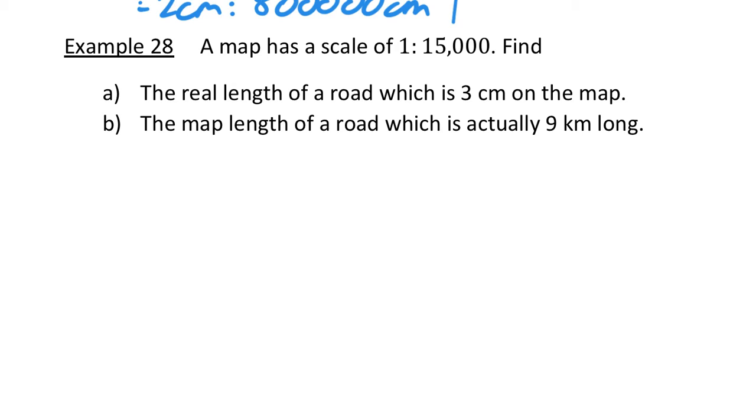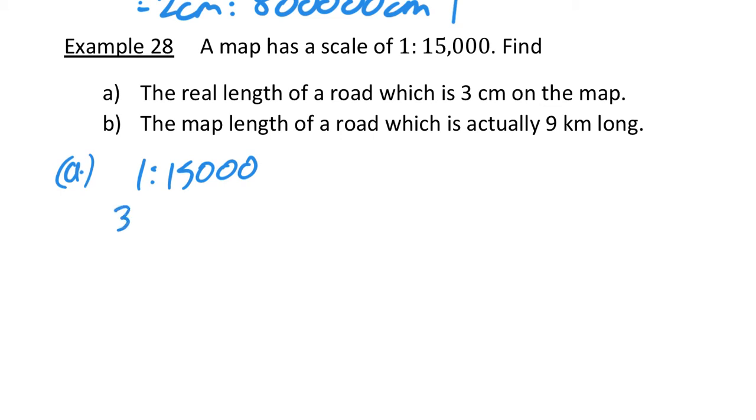Next example says, a map has a scale of 1 to 15,000. Find the real length of a road, which is 3 centimeters on the map. Okay, so remember we have 1 to 15,000, where 1 is the size on the map and 15,000 is the real life size.